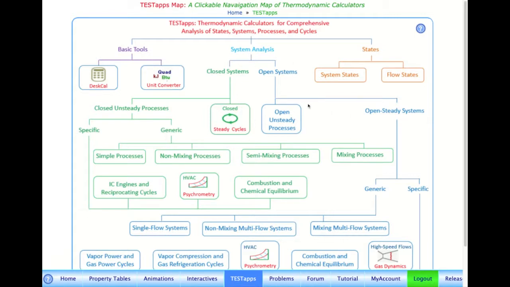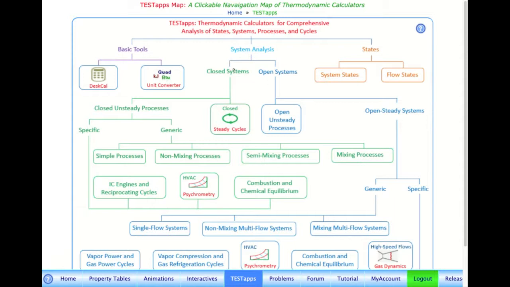As you'll hear me say multiple times during the semester, to solve a thermodynamic problem, one has to ask the question or look at the three letters SSP. The first letter S stands for system, whether it's an open or a closed system. Again, Professor Tran should have talked to you about the differences between the two.